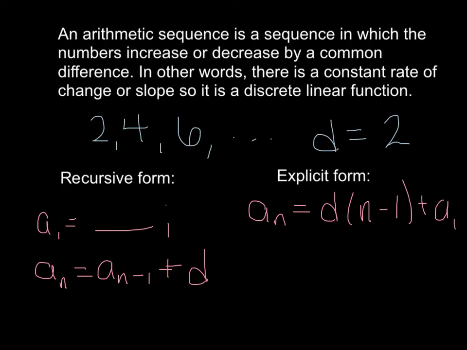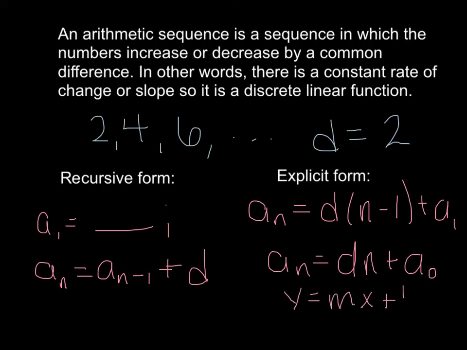You can also simplify this and write it as a sub n equals the common difference times n plus a sub 0. a sub 0 stands for the number in front of the first term. Essentially, this is y equals mx plus b. Hopefully that looks familiar to you.